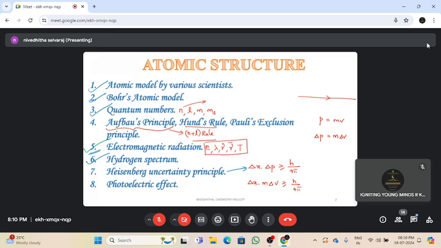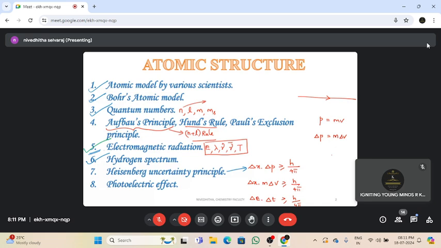Apart from position, momentum, and velocity, we can have another two physical parameters, which are energy and time. These two parameters cannot be measured simultaneously. So these are all the various mathematical expressions of Heisenberg's uncertainty principle.